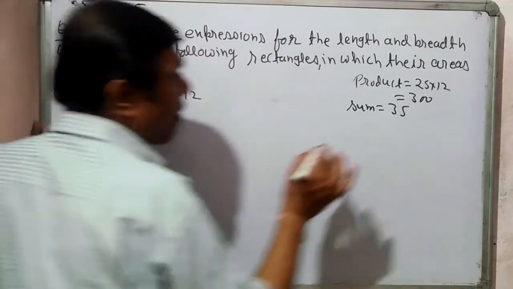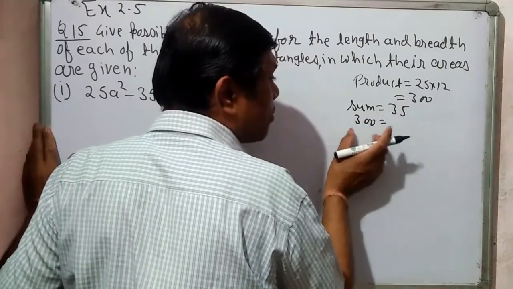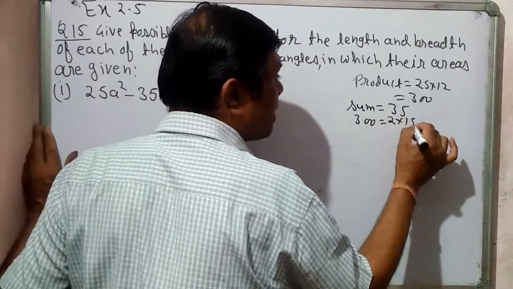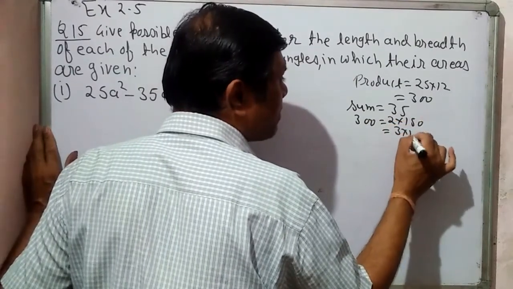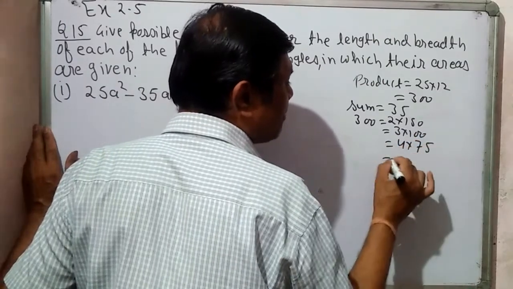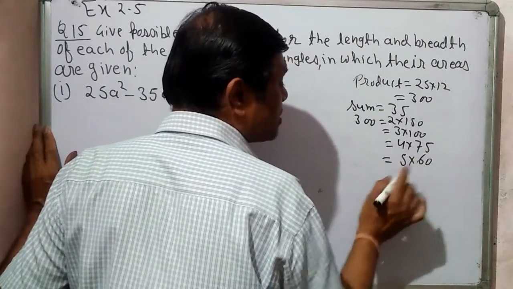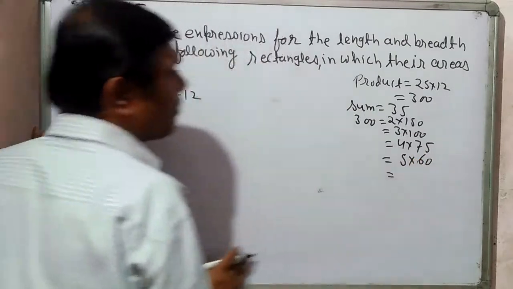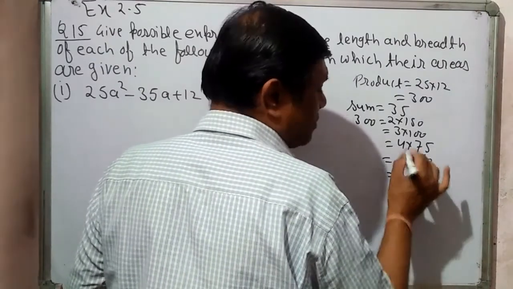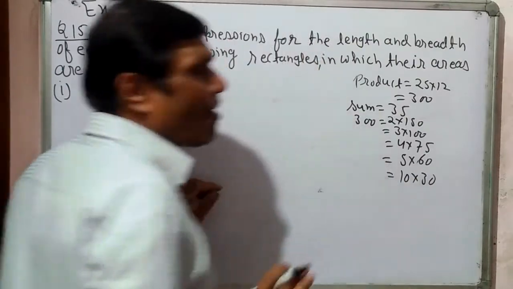What we do is find all the factors of 300, all the possible pairs where we can get 300. It is 2 multiplied by 150, 3 multiplied by 100, 4 multiplied by 75, 5 multiplied by 60. Since the numbers are very big, I take directly 10 multiplied by 30, still the sum is 40.